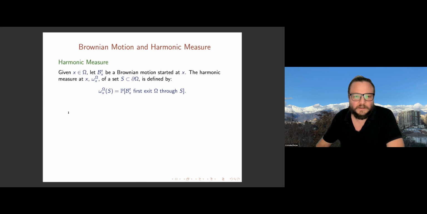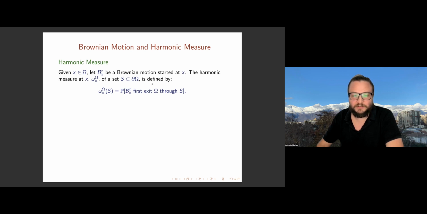So there is a way of solving the Dirichlet problem that has to do with Brownian motion and harmonic measure. So I'll introduce harmonic measure now. For the same kind of domain, we fix a point inside, a reference point, and let B_t starting at x be a Brownian motion that starts at x.